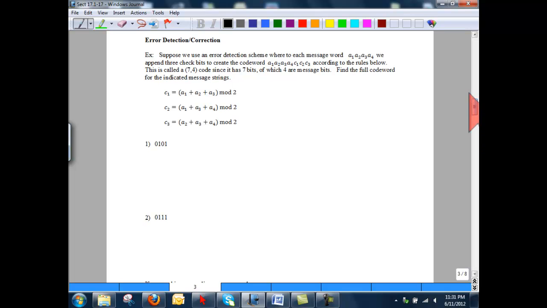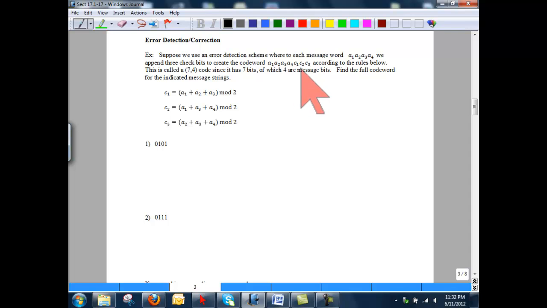Error detection and correction. The way this works is that you code information in so-called information bits. The notation we'll use is A sub 1, A sub 2, A sub 3, A sub 4, and so on, however many bits there are being used to transmit information. And then just like we had check bits or check digits in ISBN and UPC, now we'll have a check bit, or maybe more than one check bit, that's tacked on to the end of the message word.